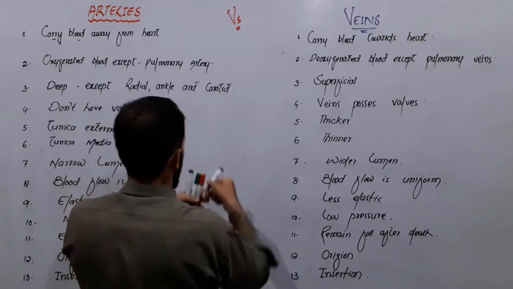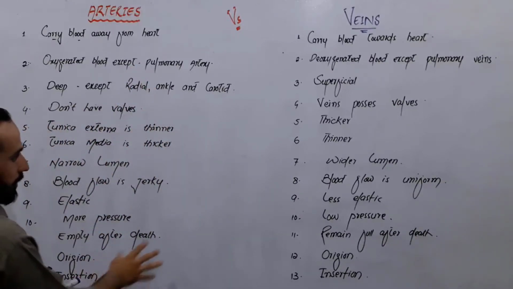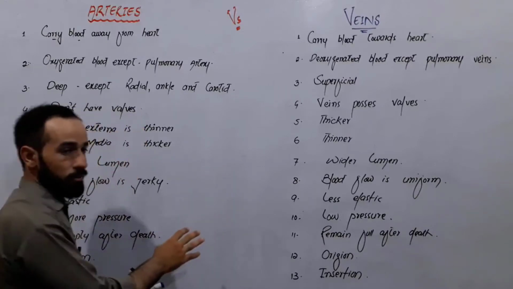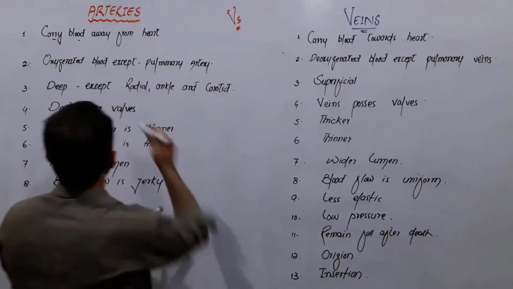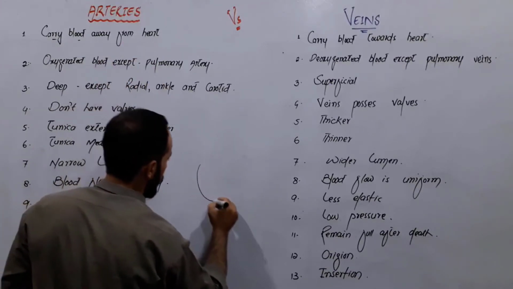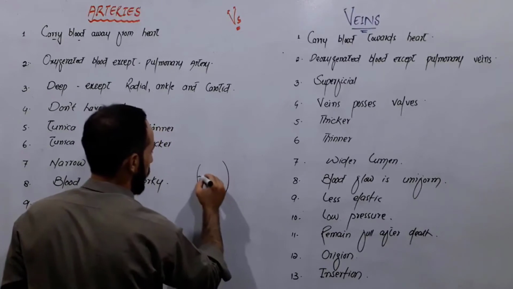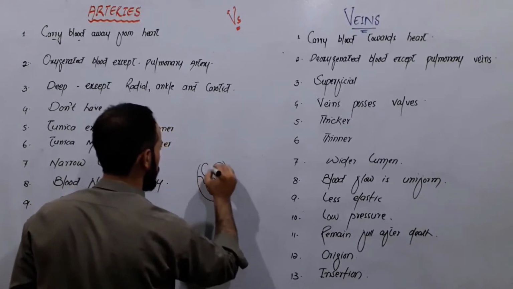For example, like this, I will explain each point and I will draw a diagram here so that you can understand, right? For example, let us know about this point, that if this is our heart, right? This is our heart.